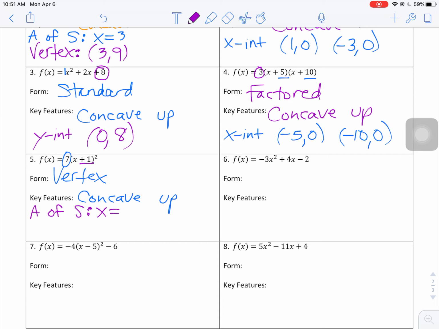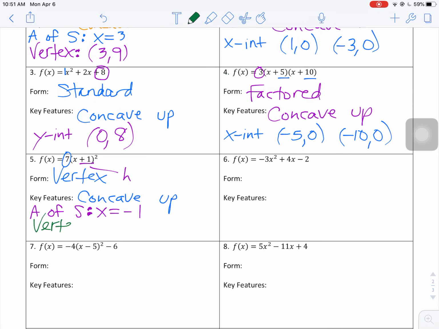So it's always x equals h. H is the opposite of the number inside the parentheses. So x equals -1. And you need that x equals in order to get it right. You can't just say -1. It has to be the equation of the vertical line that cuts through the vertex.